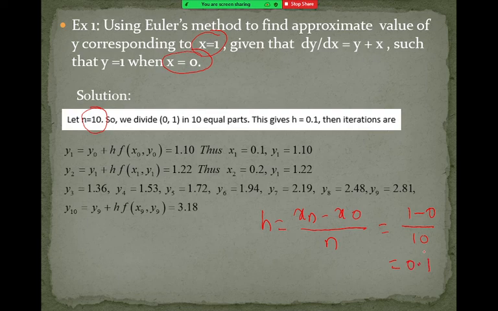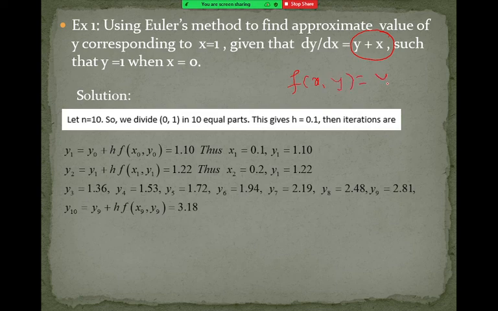So this is the way we get it. Already I said this is f of xy, and f of xy is y plus x. So f of x0 y0 is y0 plus x0, which is 1 plus 0, so that is 1.